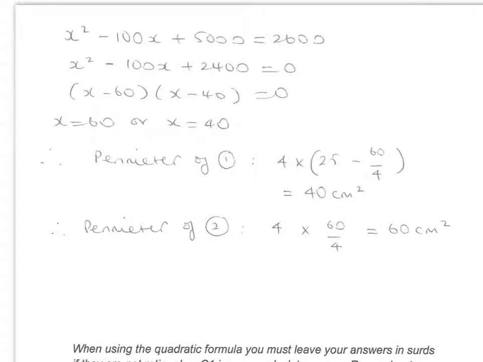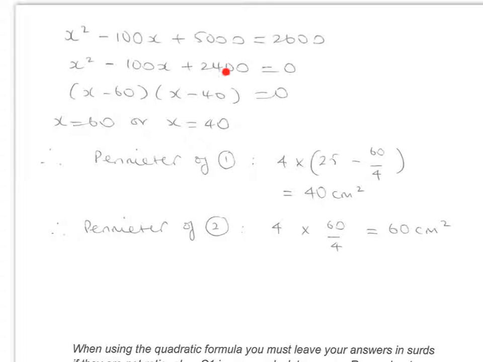Okay, so I multiplied through by 8 to get rid of the fractions, which now gives me the quadratic equation x squared minus 100x plus 5,000 is equal to 2,600. And then to be able to solve this, I have to have it equal to 0, so I need to take 2,600 away from both sides. So that now leaves me with 2,400 on the left-hand side, and again, we're going to factorise this.